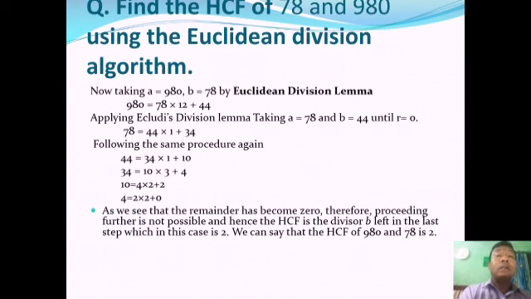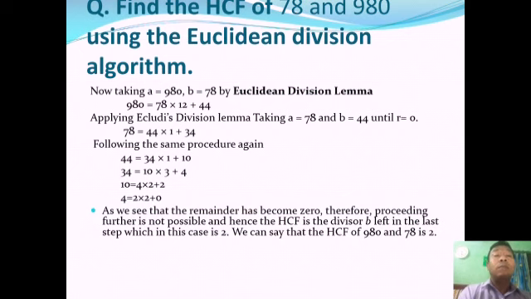Let us try to understand more by solving some questions. Let us take the first question. Find the HCF of 78 and 980 using Euclid division algorithm. Here, 980 is greater than 78, so we will take A equal to 980, B equal to 78. Applying Euclid division lemma, we have 980 equal to 78 into 12 plus 44.